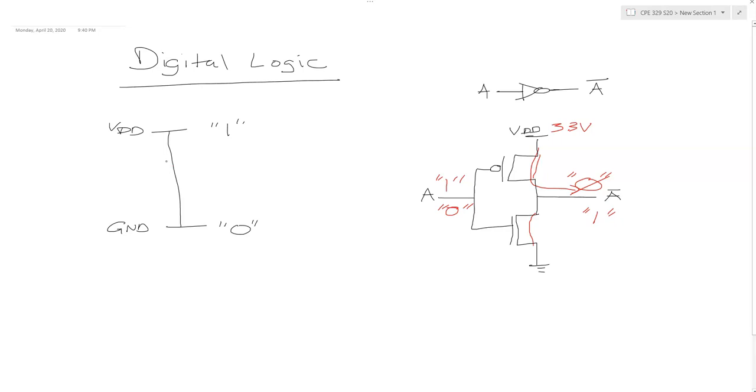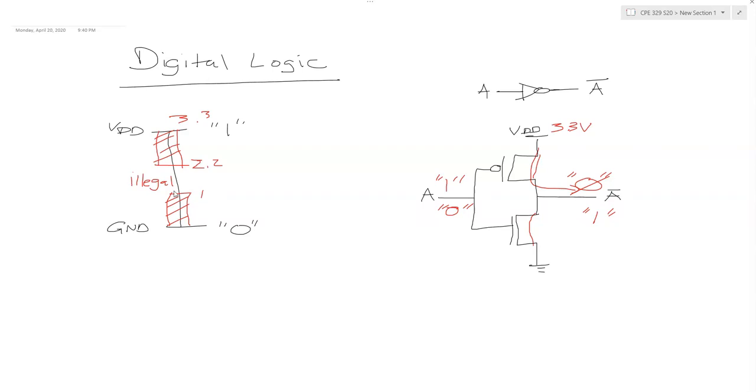But this is one of the beauties of digital logic design, as these circuits are designed such that as long as a high signal is above some threshold less than the high voltage, say this is 3.3, so for many logic families this might be around 2.2 volts, and a low signal is not larger than some value around 1 volt, we'll correctly interpret these as high or low signals, with a certain range in the middle being illegal, and a region which we design our circuits to avoid.